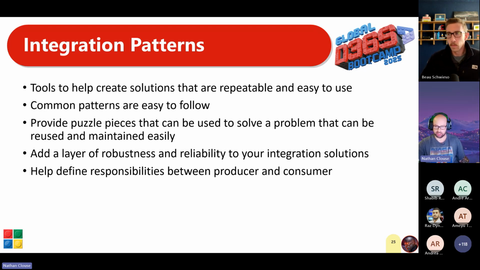Everything is going to be a little bit different every time we do this, but this makes ideas that are repeatable and easy to use and easy to follow, because we have common patterns. And when we start looking at some of them, you'll see, oh, that makes sense. You're going to do that for all of your different types of integrations.